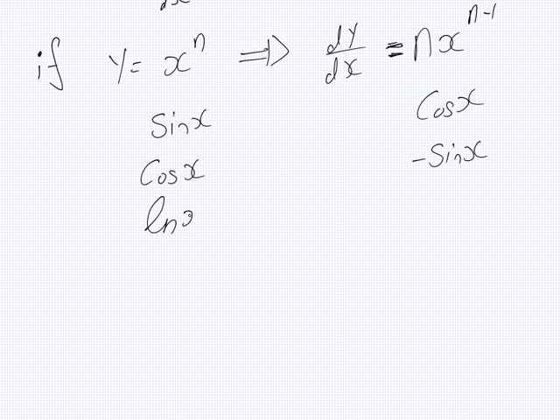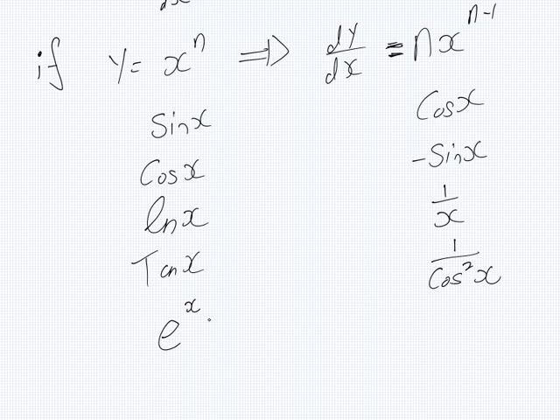Log x. Now, if you want to know where I'm getting these from, you can find these using the first principles rule. 1 over x. Tan x. One over cos squared x. e^x.